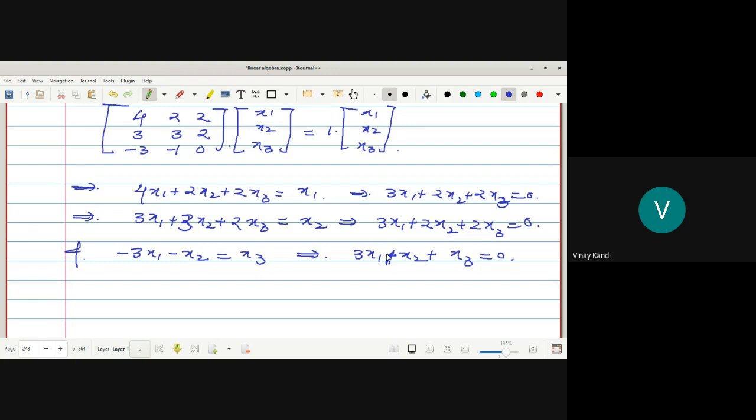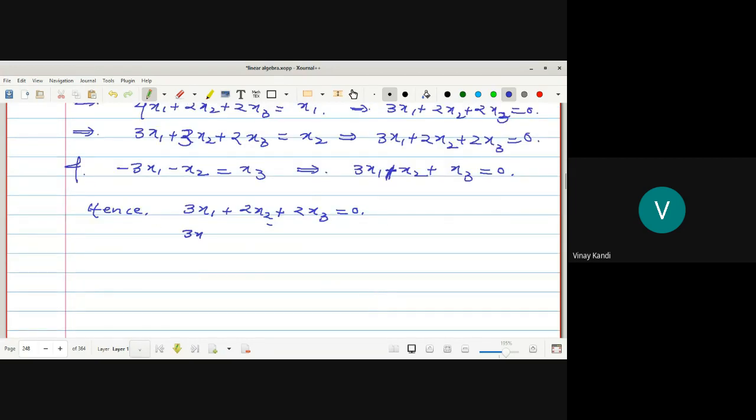What will come? Is there any mistake somewhere? I got only two equations. Hence we get two equations: 3x1 plus 2x2 plus 2x3 is equal to 0, and 3x1 plus x2 plus x3 is equal to 0. These are the two equations I got.